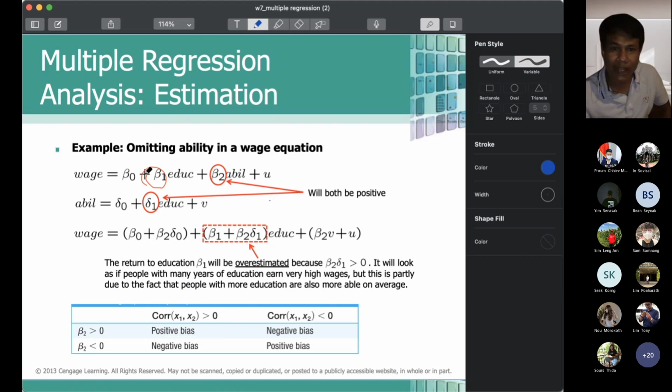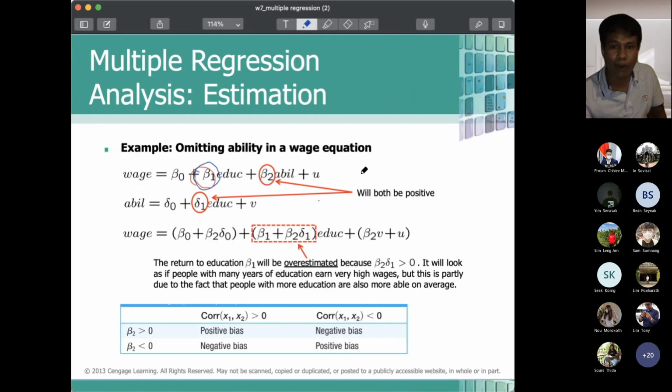Here, originally, you want to estimate the effect of education only. All right. In the blue highlight. But because you do not have enough data, then you cannot include ability in your model. So when you omit ability from your model, the effect of education here is not only delta 1, but it also contains delta 2, which is the effect of ability, and also delta 1, which is the relationship between education and ability.